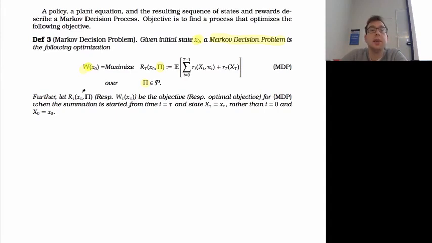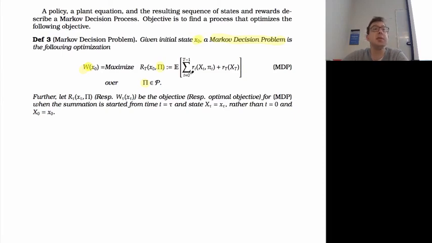Here, W of x is the optimal reward. It's sometimes called the value function. Again, I'm going to let r tau x tau of pi be exactly the same expression as here, but where the sum doesn't start from 0, but starts from tau.